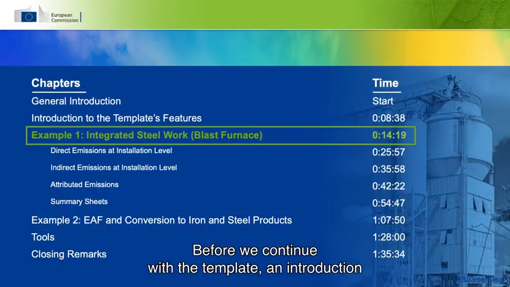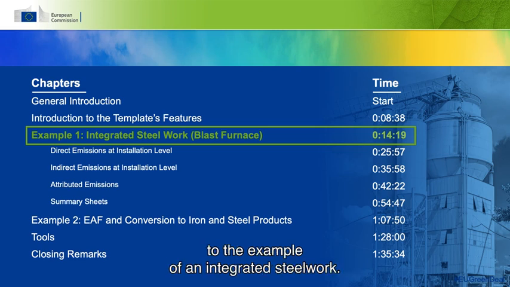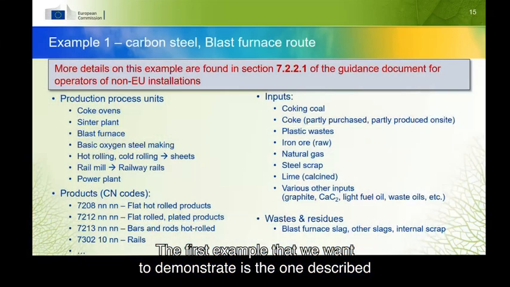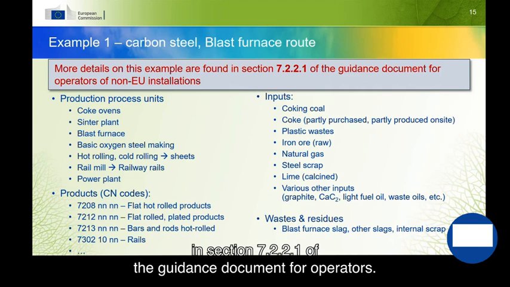But before we continue with the template, an introduction to the example of an integrated steelwork. The first example that we want to demonstrate is the one described in section 7.2.2.1 of the guidance document for operators.